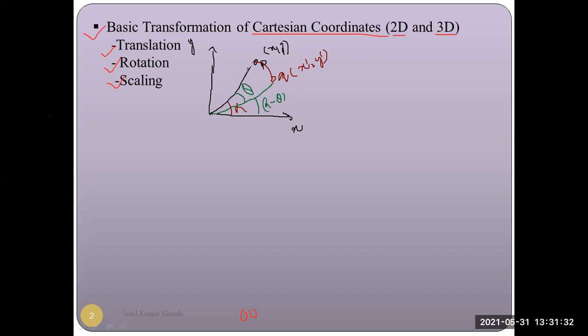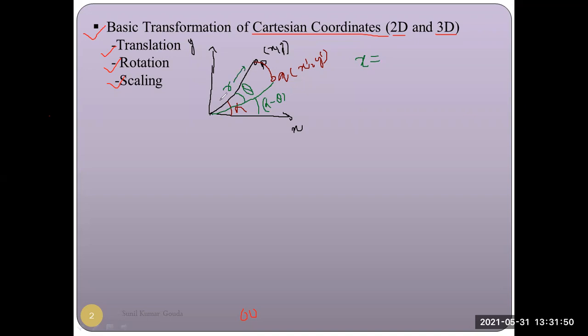So initially the point P is there, making angle alpha. How can I write the coordinate in terms of polar coordinate? Suppose this distance from origin to P is r.